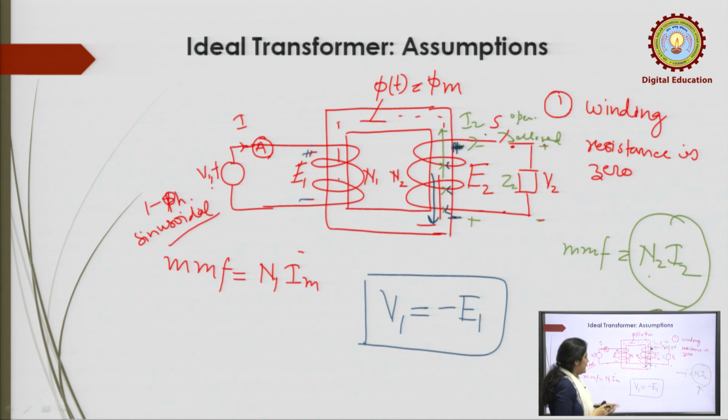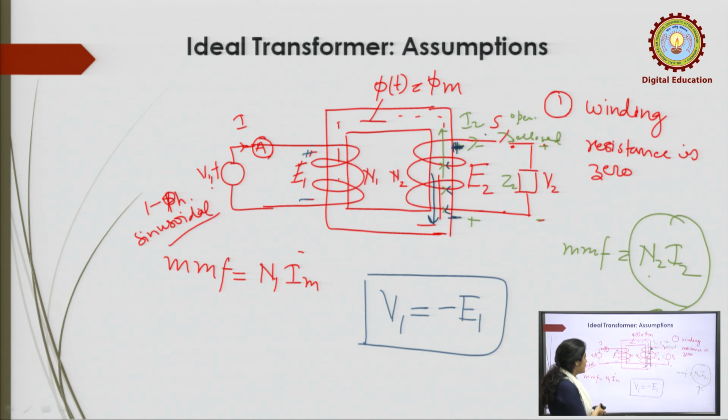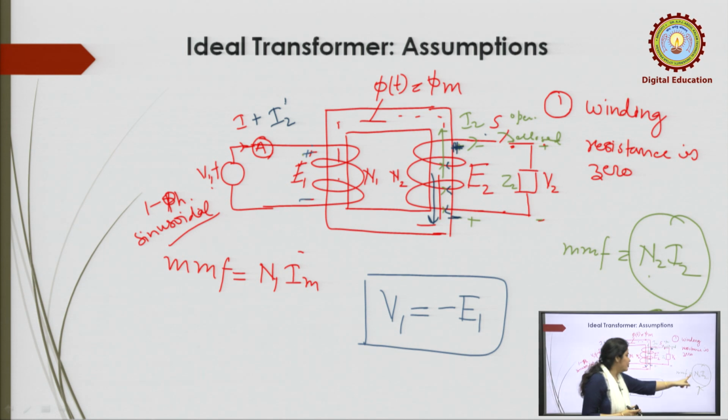Now, as the switch is on, the MMF N2 I2 will be produced, and this N2 I2 has to be nullified. So the source will draw an extra current, I2 dash, so that it will nullify the effect of N2 I2.